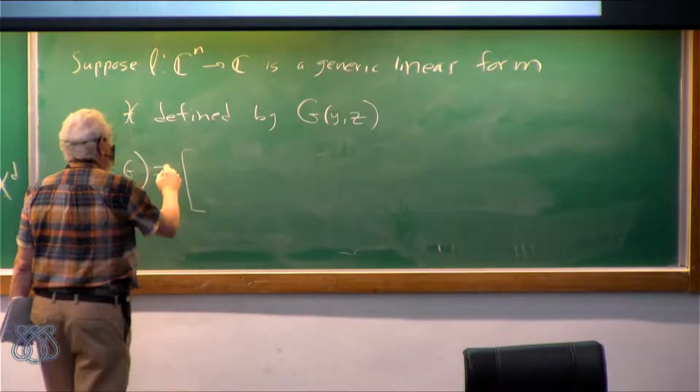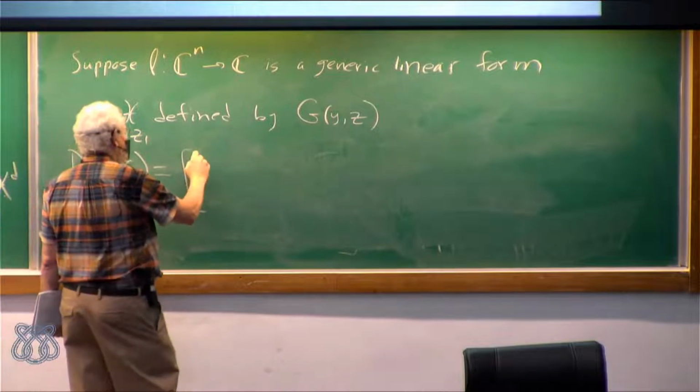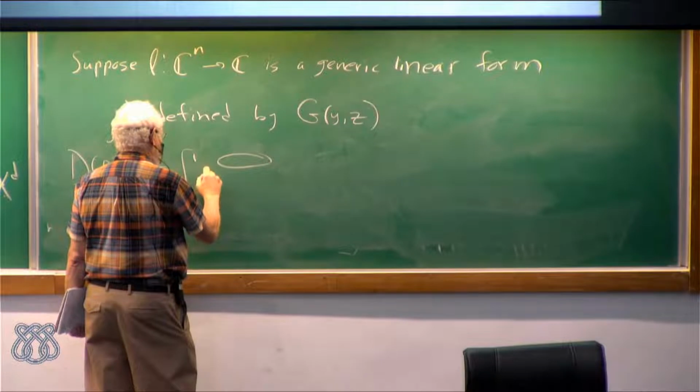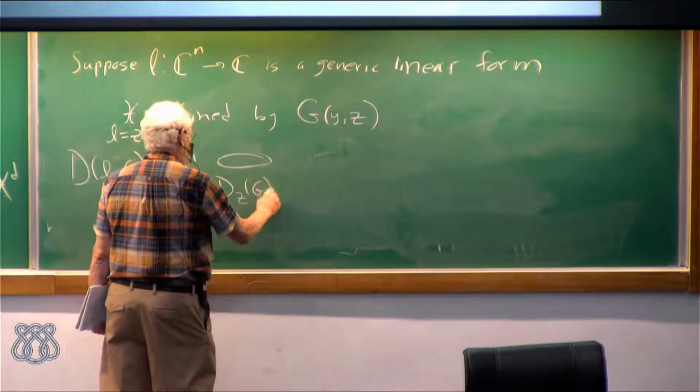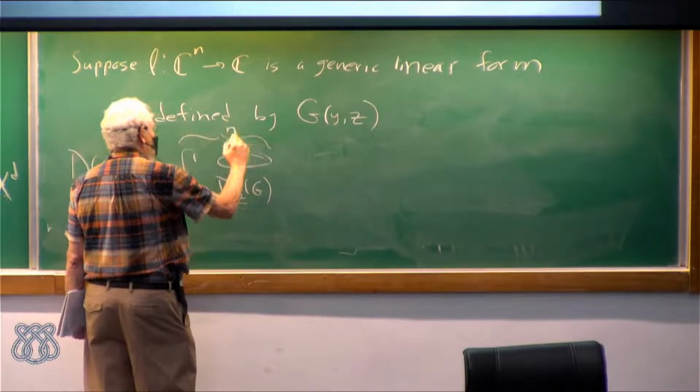Let's assume that L for simplicity is just z_1. That's just to make things clearer. And here we have dg. Across the top we have n variables.